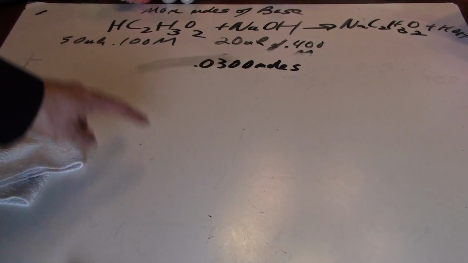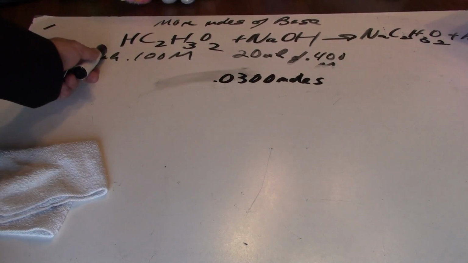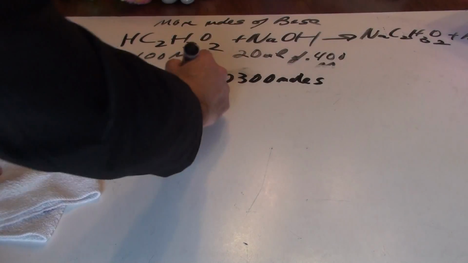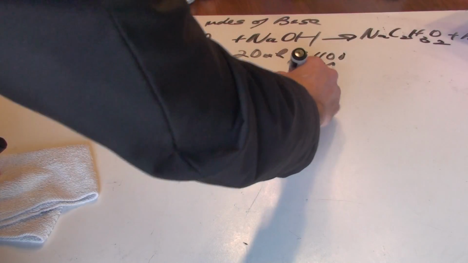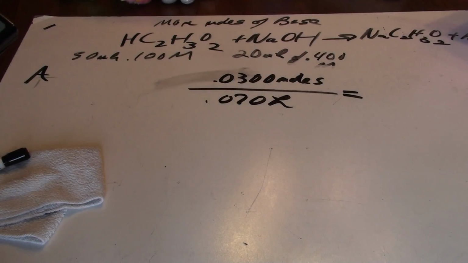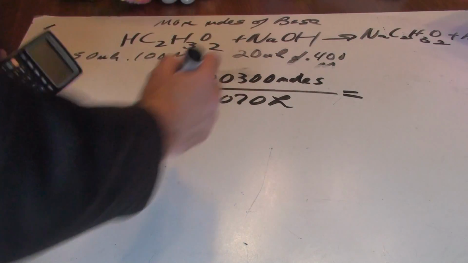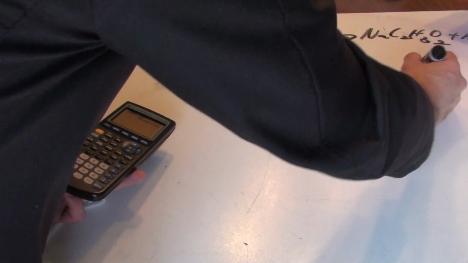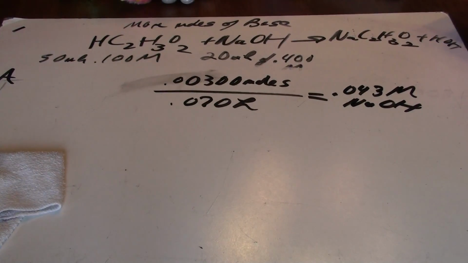And if you recall, we had 50 milliliters of the acetic acid and 20 milliliters of the sodium hydroxide. So after the reaction, our new volume is going to be 0.070 liters. And so when we calculate the molarity of sodium hydroxide after, our molarity is 0.43 molar of sodium hydroxide after the reaction.